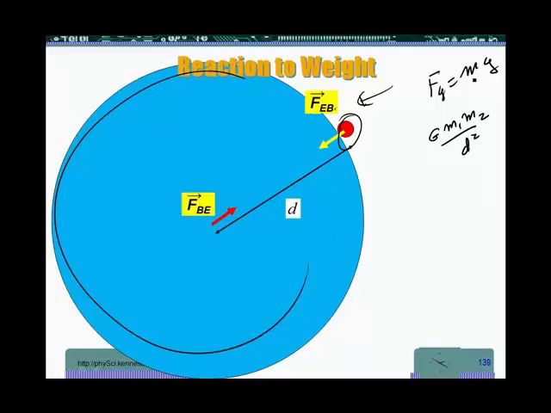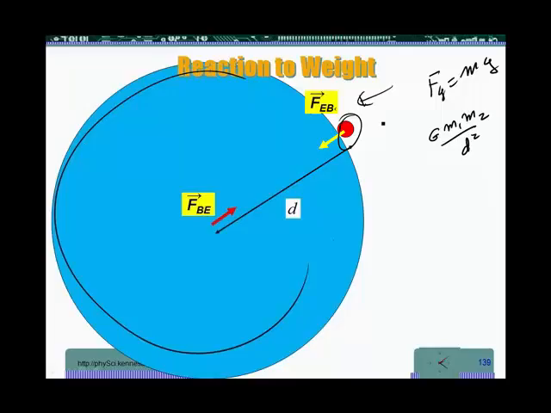Okay, we have the ball sitting at the surface of the Earth, and then there is a gravitational pull on it. What you need to remember from Newton's third law of motion, only the two objects that are interacting are going to be responsible for both the action and reaction.